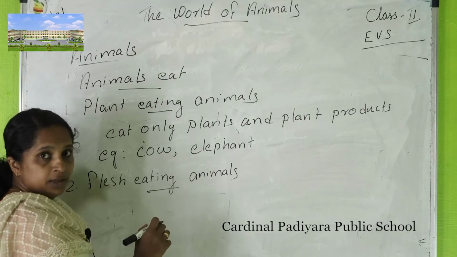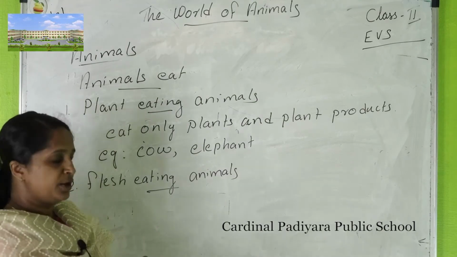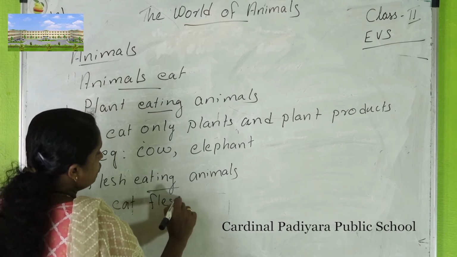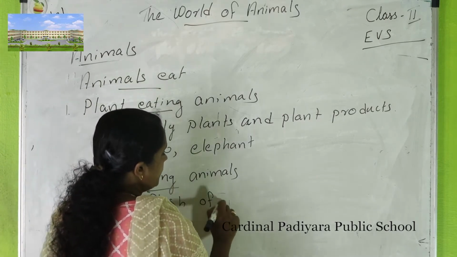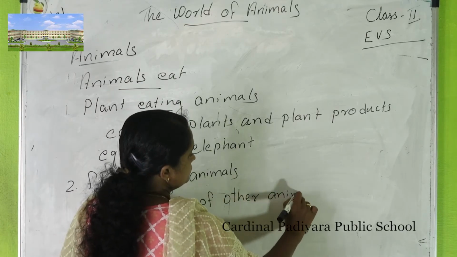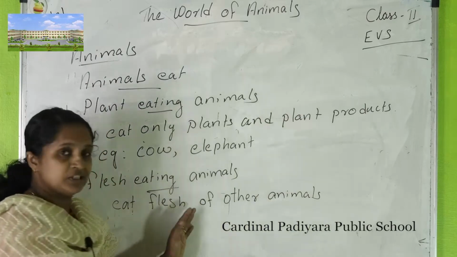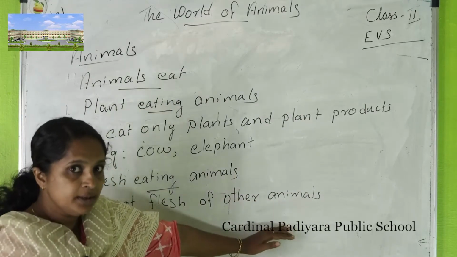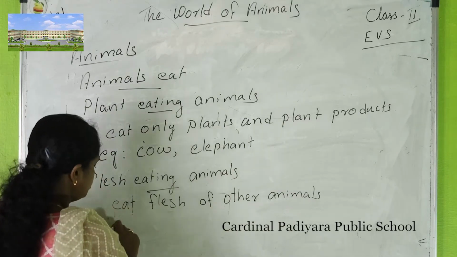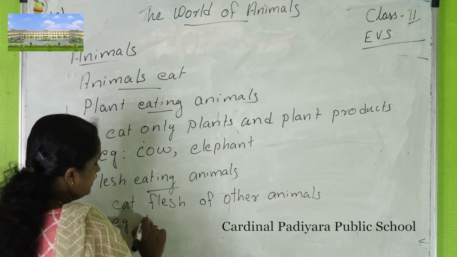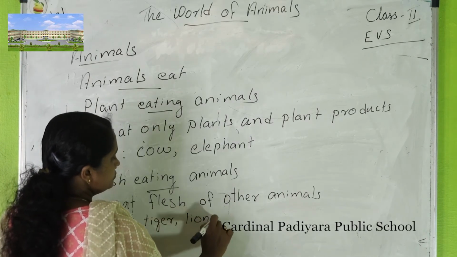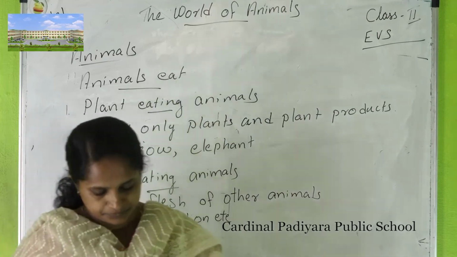Animals that eat the flesh of other animals are called flesh eating animals. Examples: tiger, lion, wolf, etc.